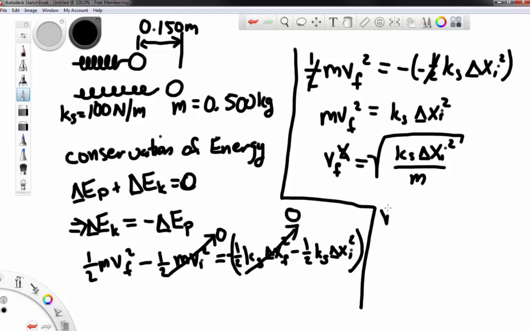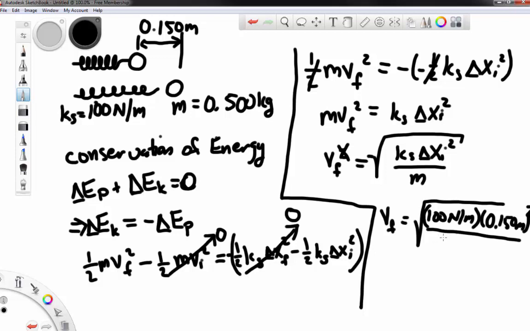So if I want to get rid of the squared parts, I take a square root of both sides. Okay, so that means that the final speed is whatever is the square root of 100 newtons per meter times 0.150 meters squared divided by 0.5 kilograms. Stick all that into the calculator.